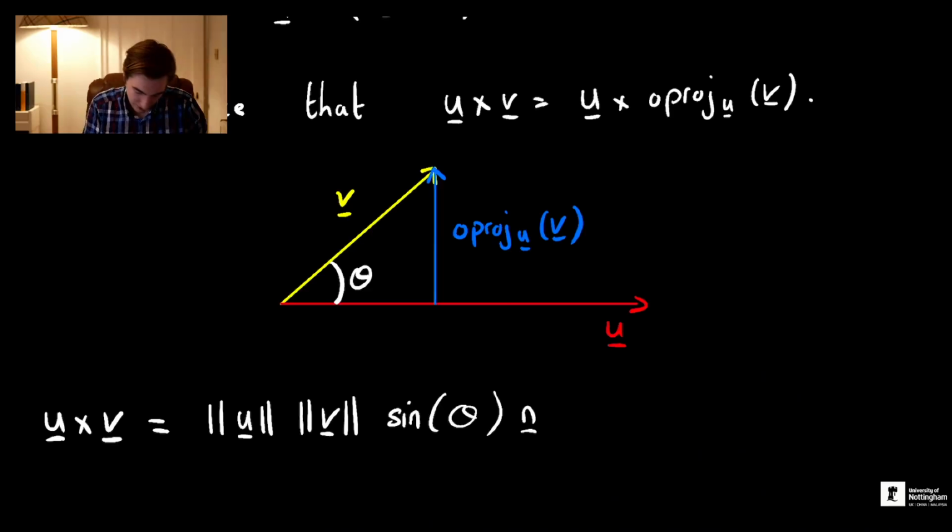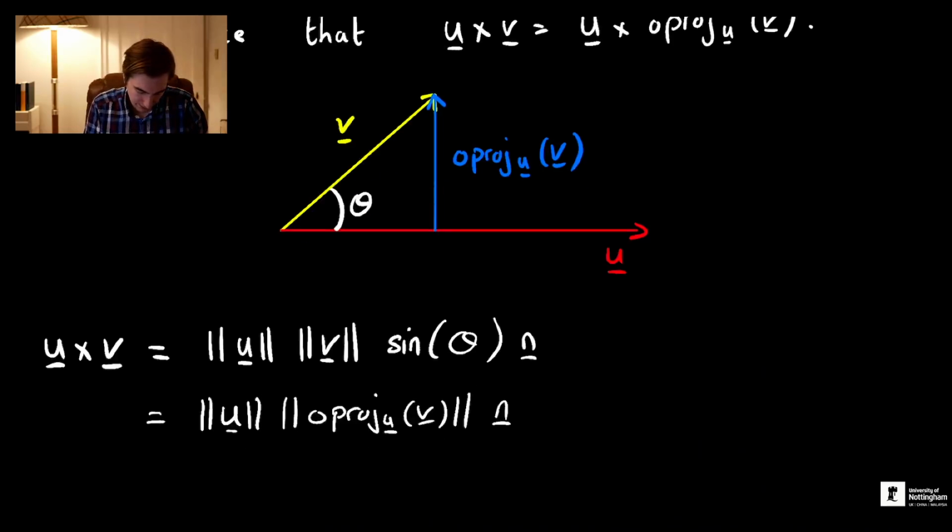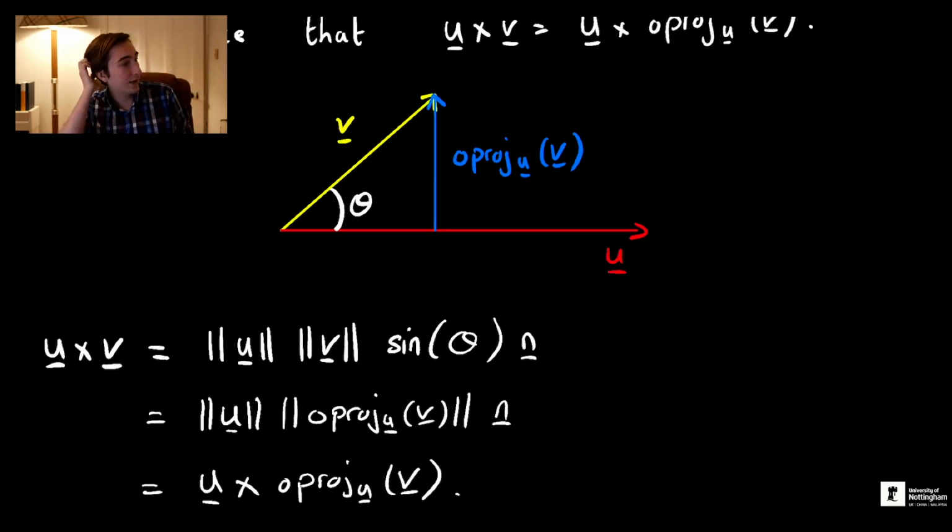So this is equal to the norm of U times the norm of the orthogonal projection of V onto U times n. And we spot straight away that that is exactly U cross the orthogonal projection of V onto U. And that's true for any vectors U and V in R3. So that's going to be useful.